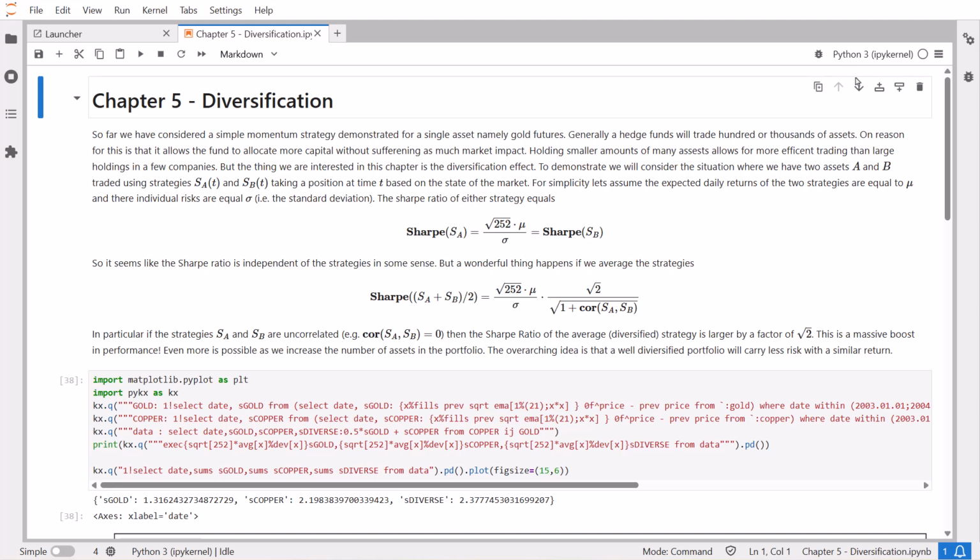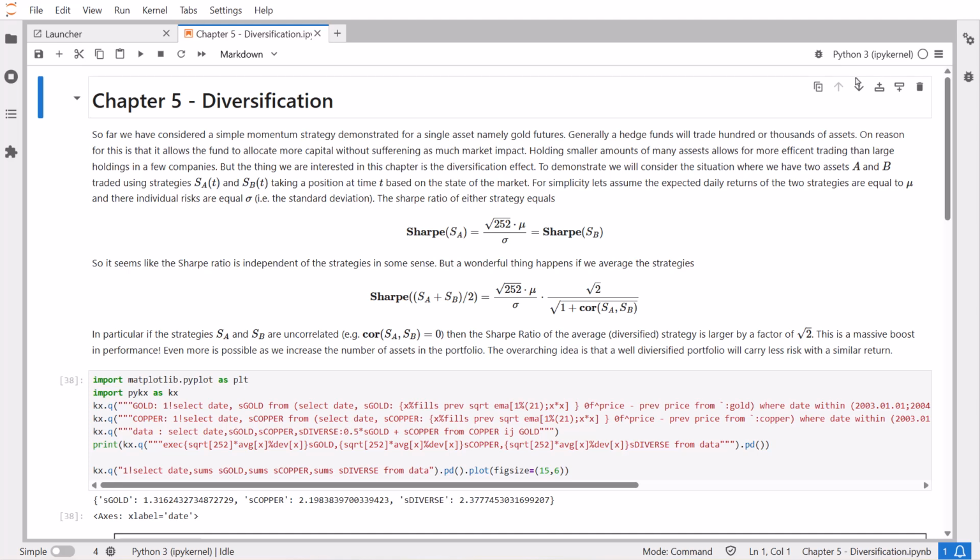But now there's some term which modifies this, and you see on the top line there's a square root of 2, and in the bottom line there's this 1 plus the correlation of strategy A with strategy B.